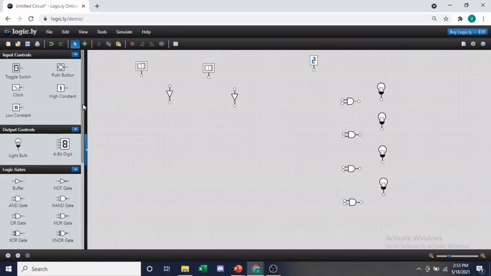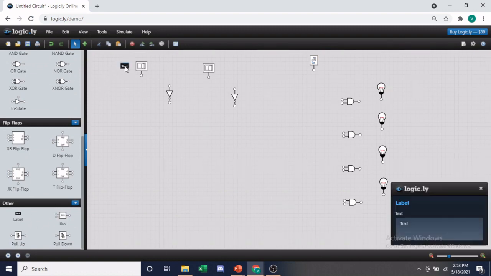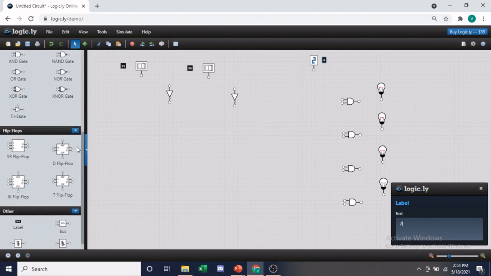So now let us practically do this. First let us name all the components given here. We have taken two toggle switches for S1 and S0, so let us name them S1 and S0 itself. Next we have one clock pulse that indicates the actual input line A, and four bulbs to display the four outputs for us.